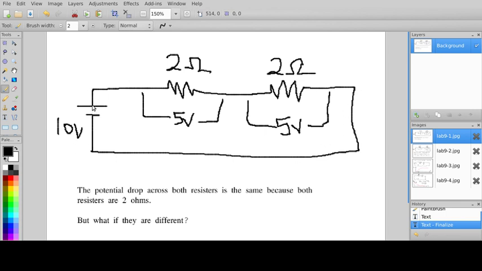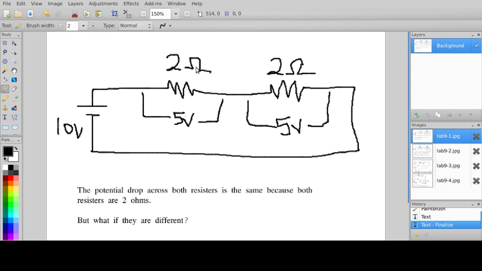Now if you're walking from the top of a hill to the bottom of a hill, then if you add up all the drops along the way, that has to add up to the height of the hill. In other words, if here you're at 10 volts high, and then you go down 5 volts, and then you go down another 5 volts, then you're back at ground level.